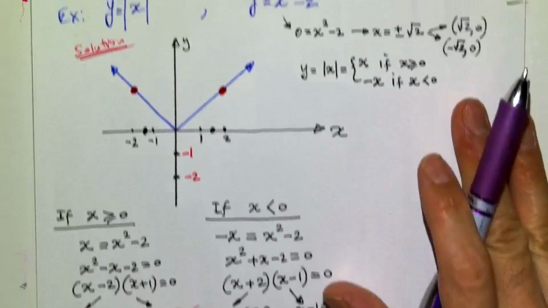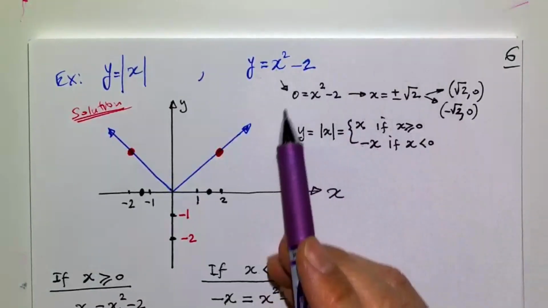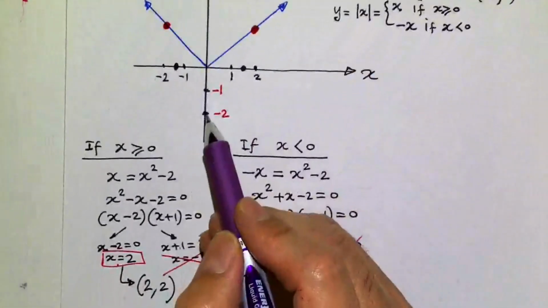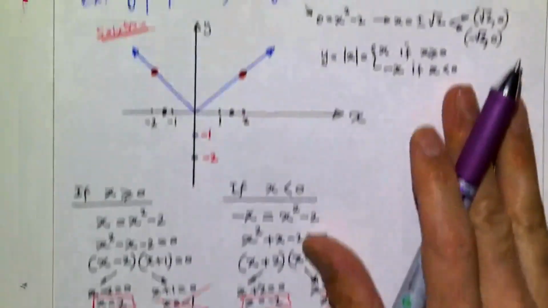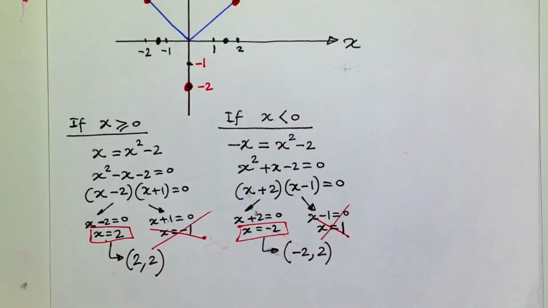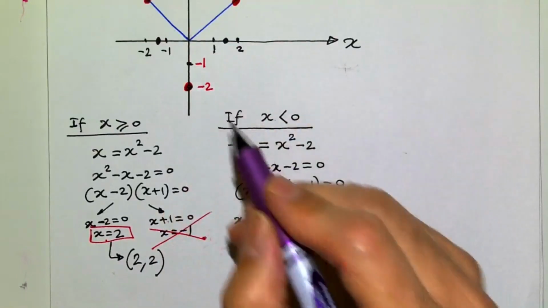And of course, the y-intercept here is 0 comma negative 2, right? Just plug in 0 for x, y would be equal to negative 2, so for the quadratic function we are here.